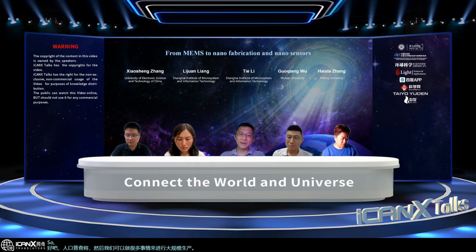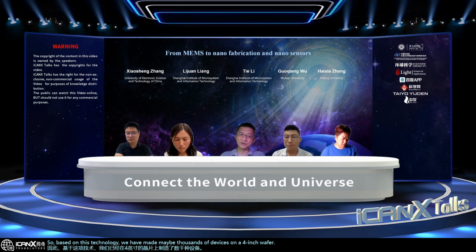So based on this technology, we have made maybe thousands of devices on a 4-inch wafer, and then we use it to detect different kinds of biomaterials, chemical vapor, and other materials.